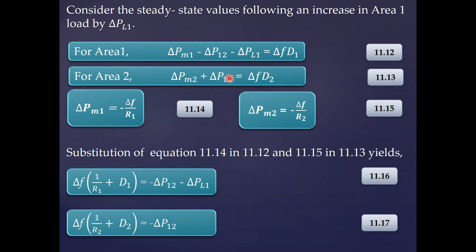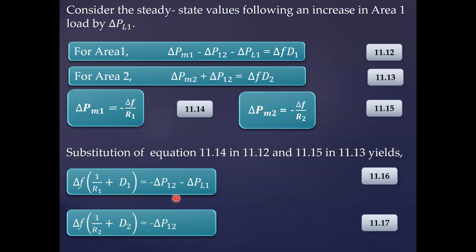Because for area 2, if you write minus, it will be minus del P L2 here.